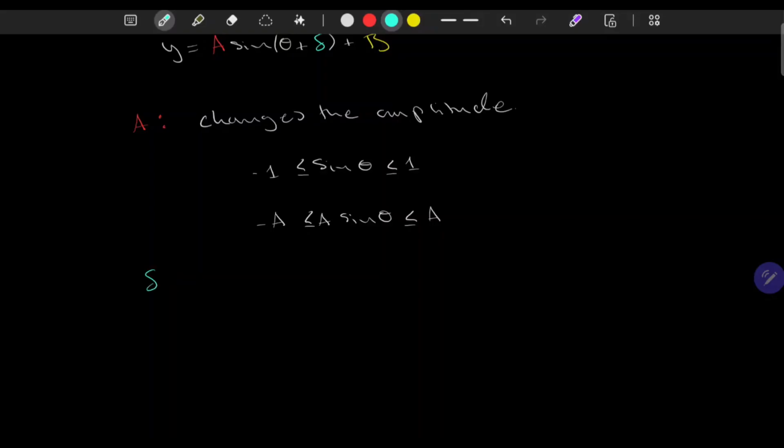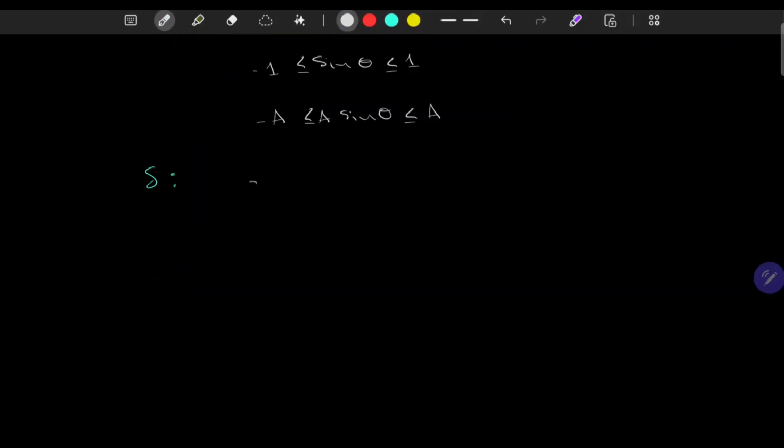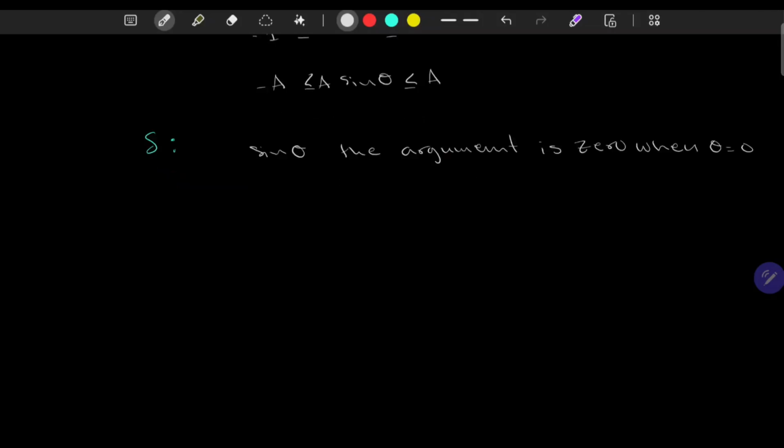The constant delta translates the sine function to the left or to the right depending on the sign of delta. Let's take a sine function. The argument is 0 when theta equals 0. So let's say we add a delta to the argument. We would have sine of theta plus delta.